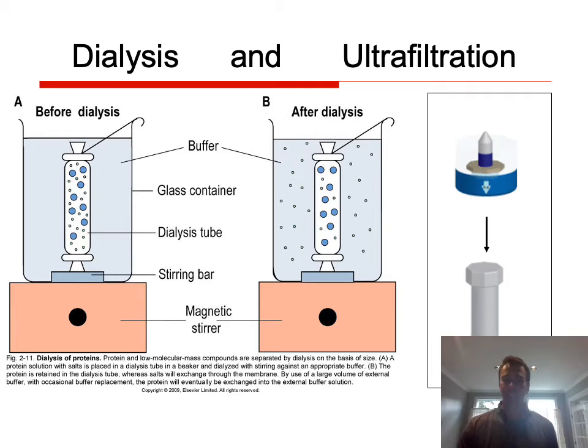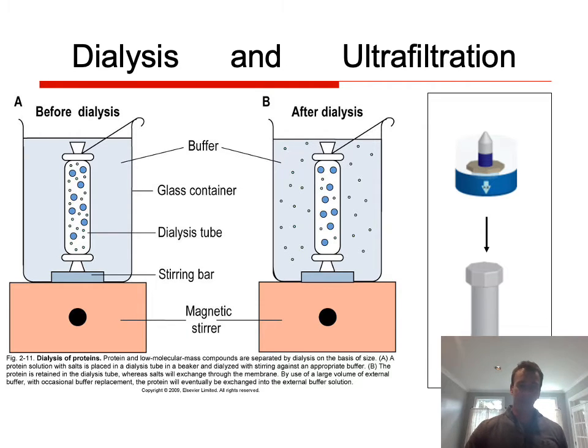Dialysis and filtration is a method that you can separate things based on size. And so here's an example of a protein solution that is in this membrane here. If you have a bucket of buffer shown here, and then your protein solution is contained within this dialysis membrane.